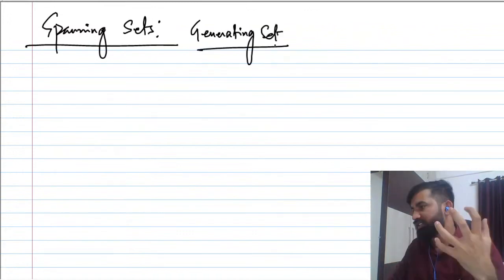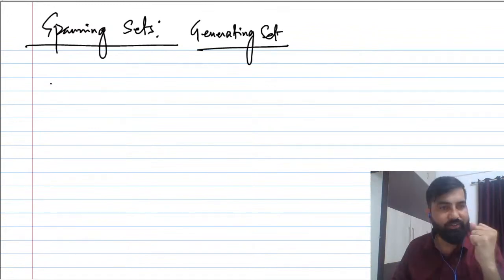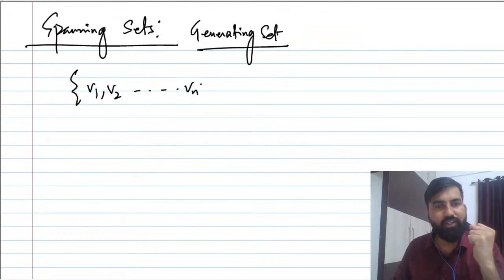Again we will consider some set of vectors, like v1, v2 and so on, vn, right?